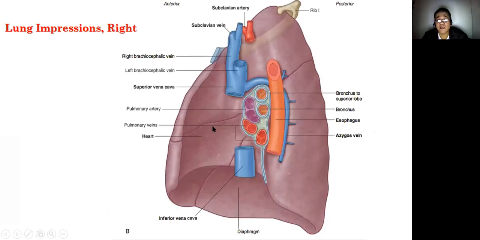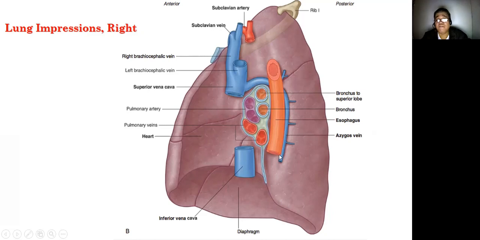These are the impressions. This is the right lung. You have impression for the esophagus, impression for the superior vena cava and brachiocephalic vein, impression for the azygos vein.